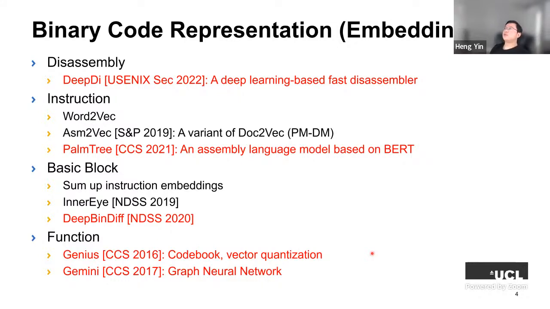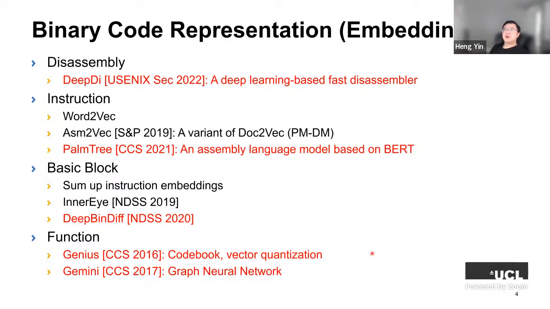That's a very straightforward idea, and many papers have actually used it. The other one is ASM2vec, which you can treat as a variant of doc2vec applied to assembly code.